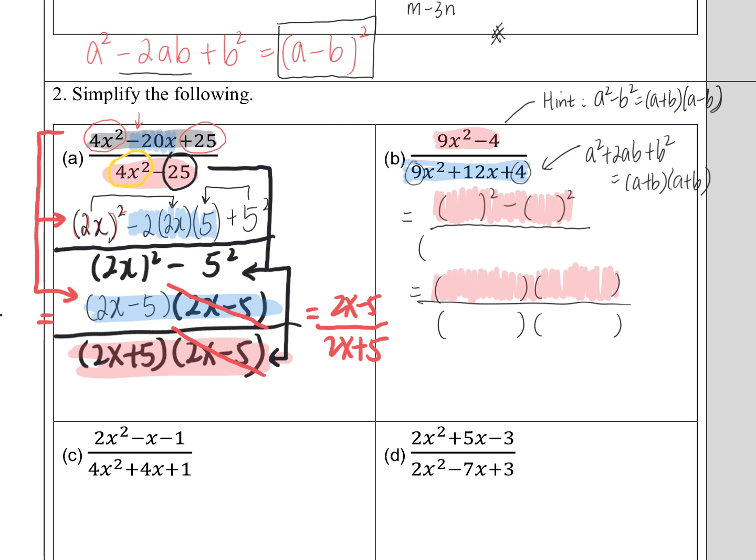Okay, then part B, you need to do this: plus 2AB plus B squared. So that's why they give you 3 or 4 marks for this. You need to factorize twice for 1 question.